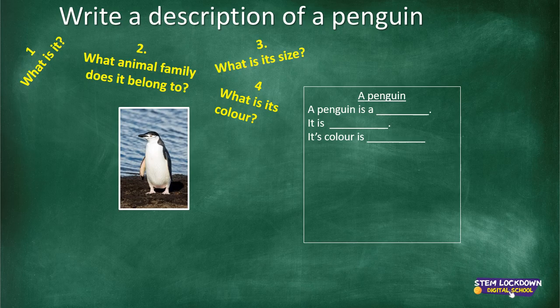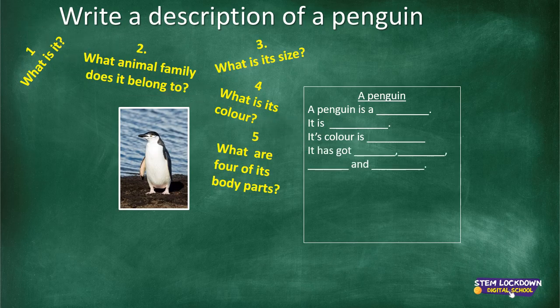Good. Number 5. What are 4 of its body parts? So you're going to write it's got something, something, something, and something. 4 things. You could talk about its flippers, its webbed feet, its beak, its feathers, its body, its tail.